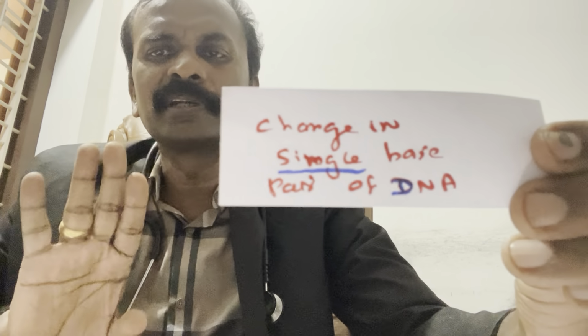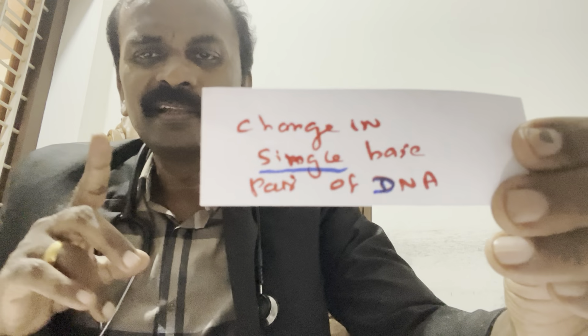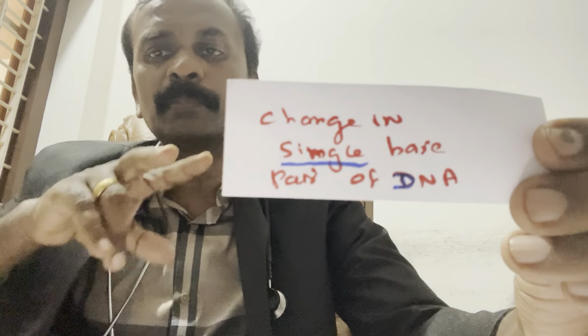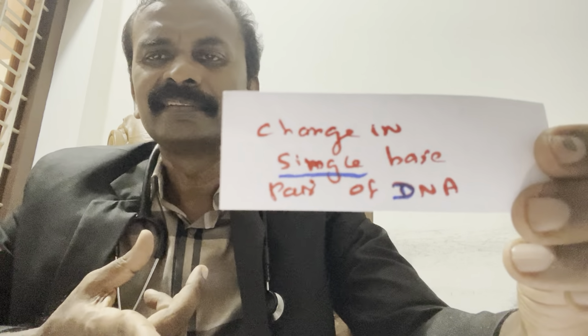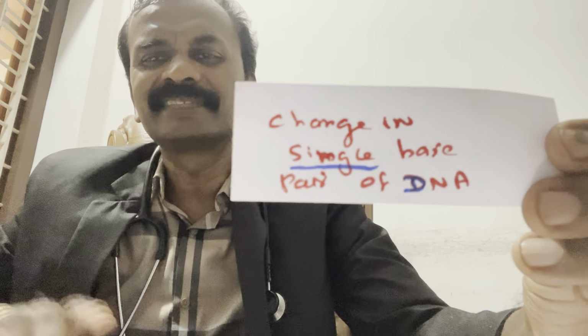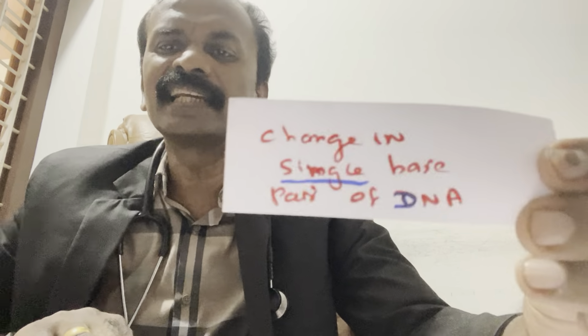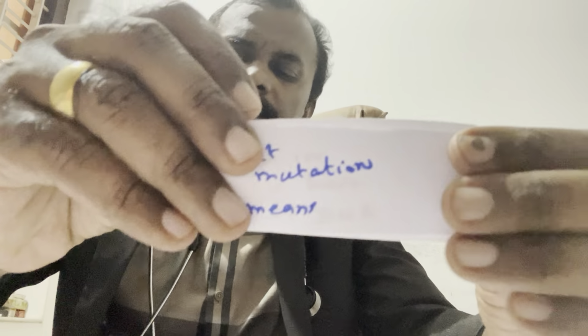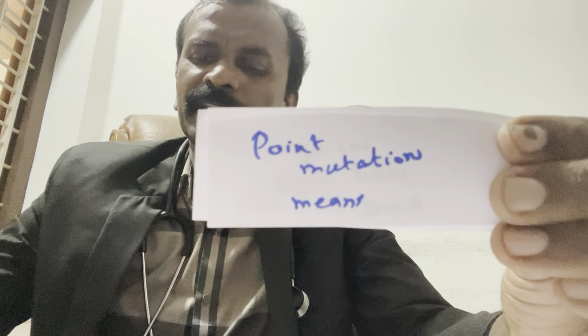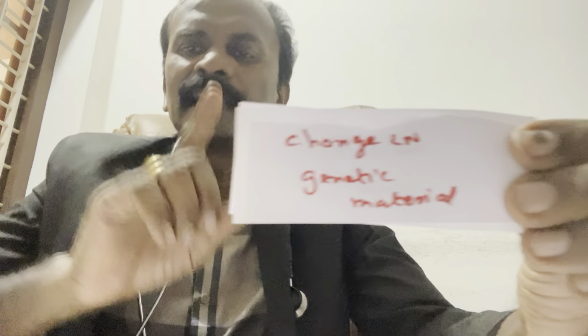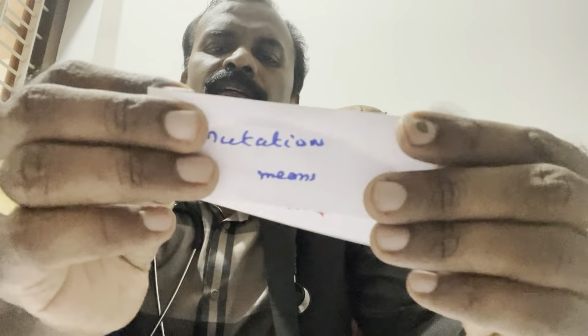All the words are important. They'll keep double, they'll keep RNA, they'll keep both DNA and RNA. NEET people are very brilliant, so be very careful. Change in single base pair of DNA is called point mutation. Very, very important. And change in the genetic material alone is called mutation. I made it very clear for you.